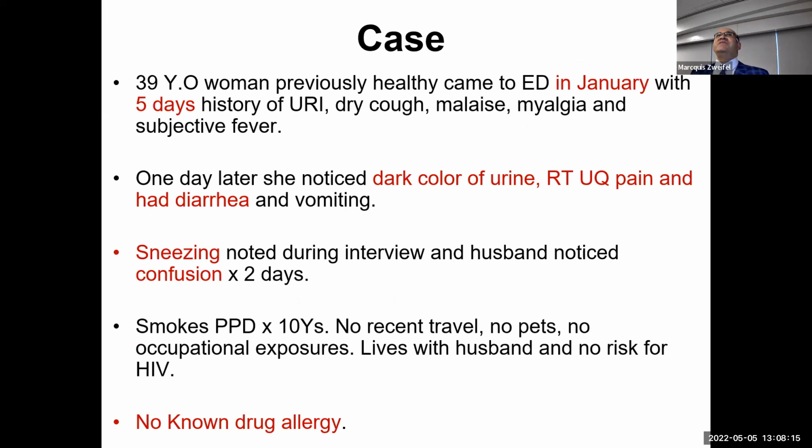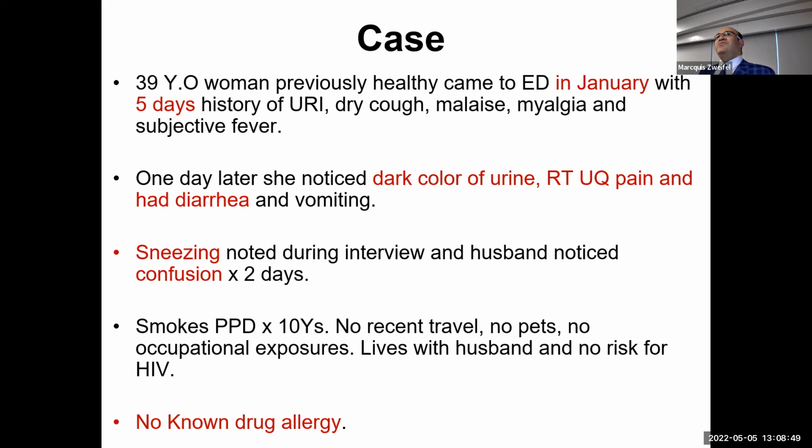Great. I will just do interaction, not through the phone. So we'll start with the first case. I will read the case first. A 39-year-old, previously healthy, came to the ED in January. Pay attention to the red words, in every case that I will discuss today, because every word has some meaning. January, with 5 days history of upper respiratory symptoms, dry cough, malaise, myalgia, and subjective fever. 1 day later, she noticed dark color of the urine, right upper quadrant pain, and had diarrhea and vomiting.